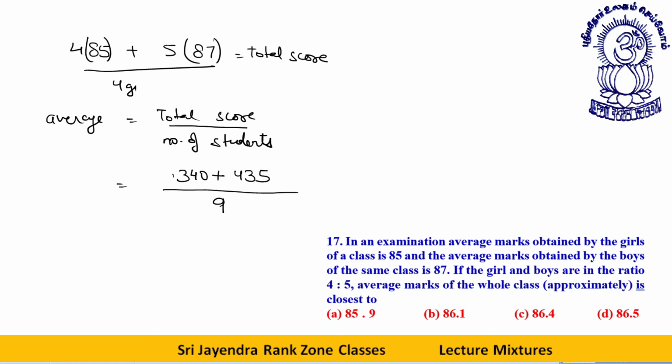Let's say 4 girls, 5 boys. This will be how much? 775 by 9, or I can say 720 plus 55 by 9.